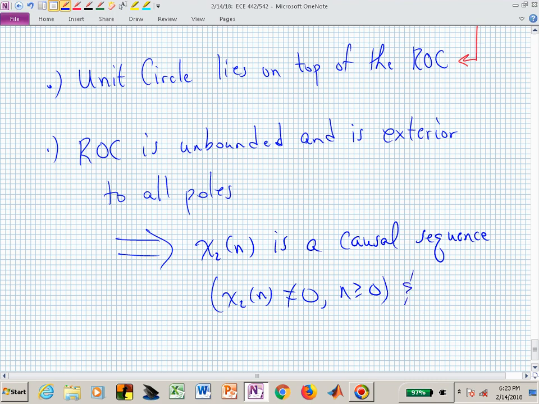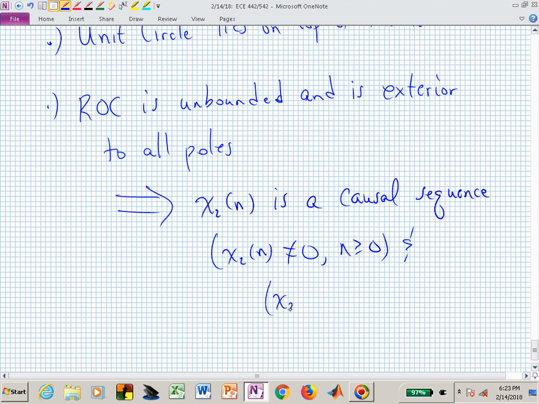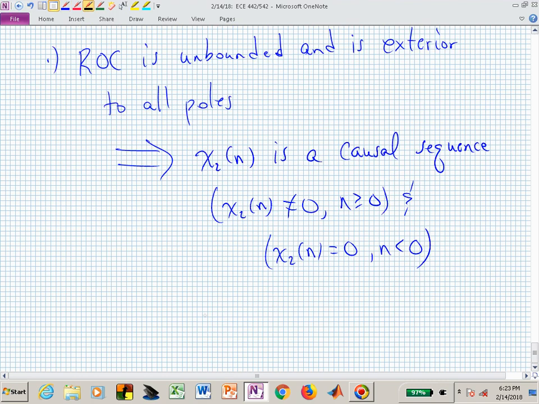And x sub 2 of n is equal to 0 when n is negative. What did capital X sub 2 of z look like?